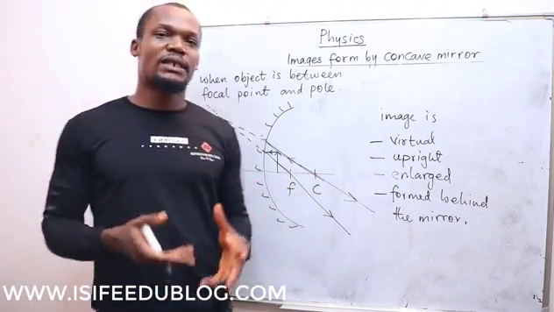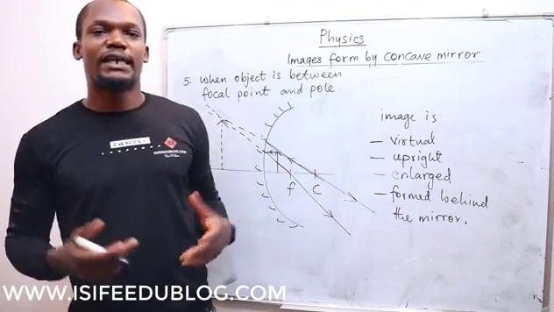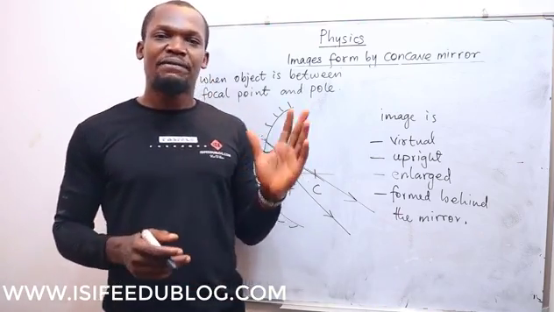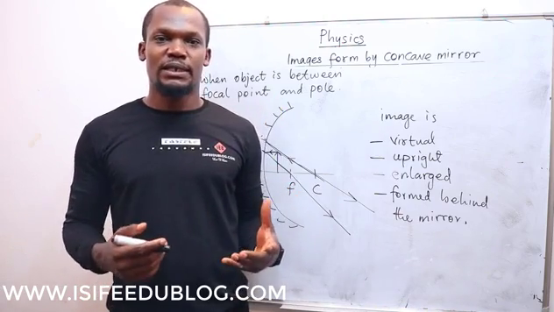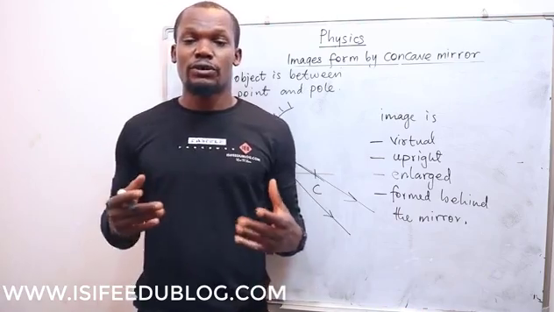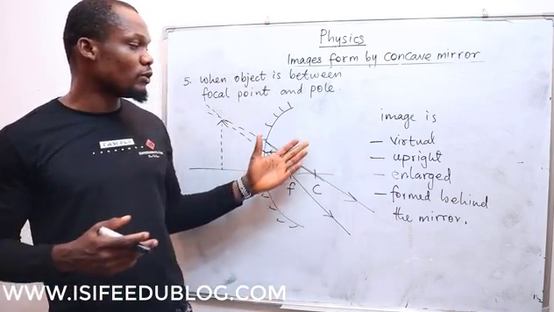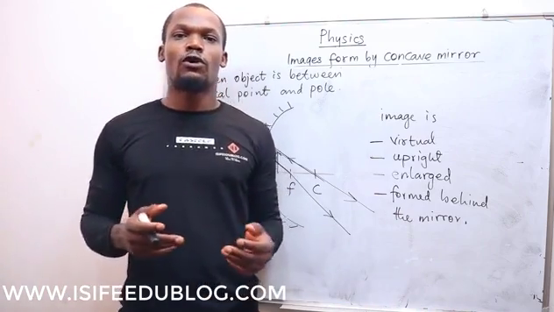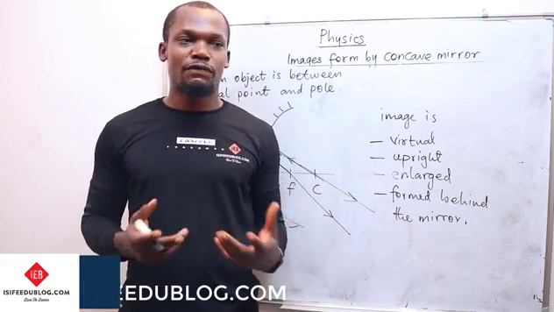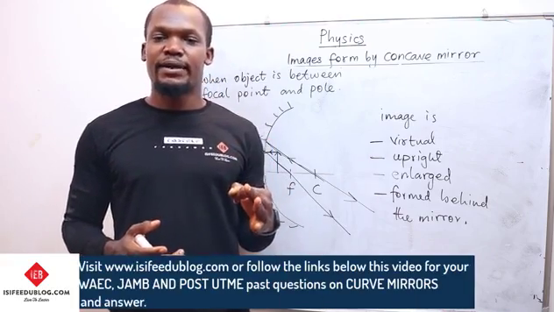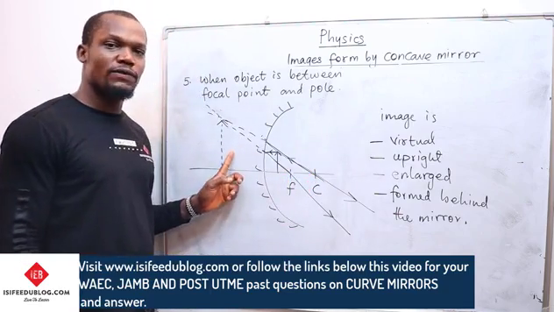From all these things we've done, you can see that a concave mirror forms 5 cases of images depending on the position of the object. And between these, you can see that a concave mirror forms 4 types of images. Of these 4 types, 3 of them are real and 1 is what? Virtual.